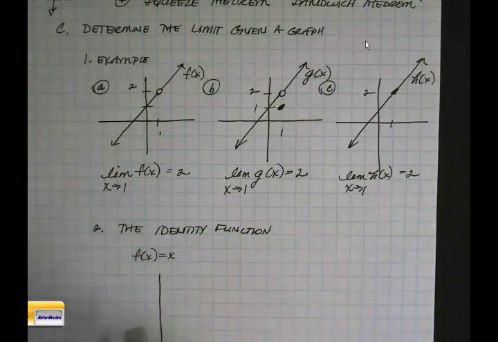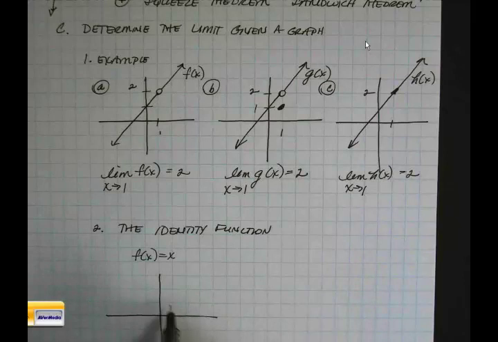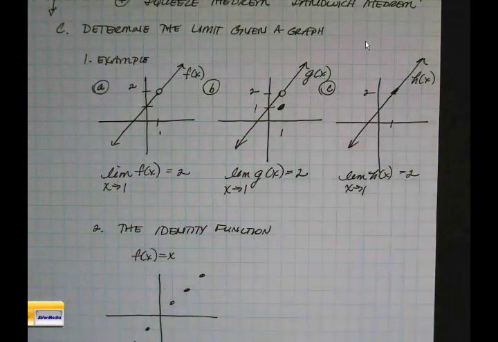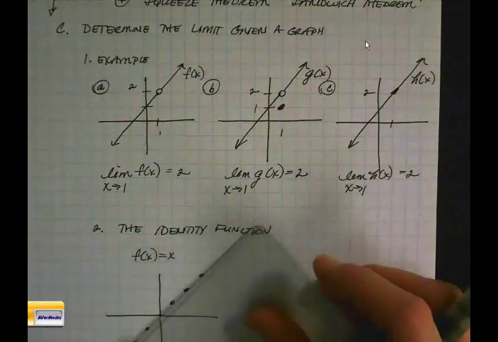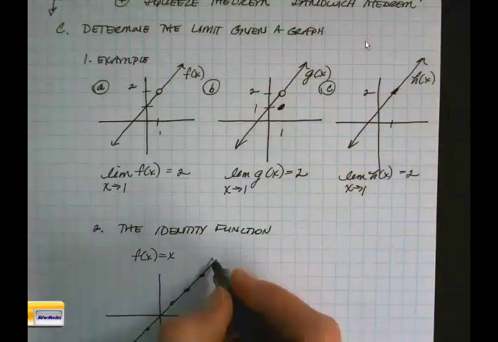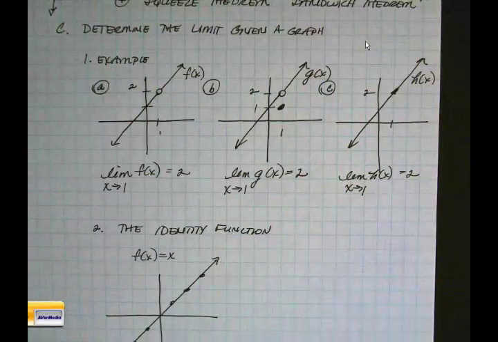If you graph the identity function, you go through the points (1, 1), (2, 2), (3, 3), (0, 0), (negative 1, negative 1). And you have that perfect line with a slope of 1, that 45-degree angle, just a really nice graph, probably one of the first graphs you graphed years back, and there it is.